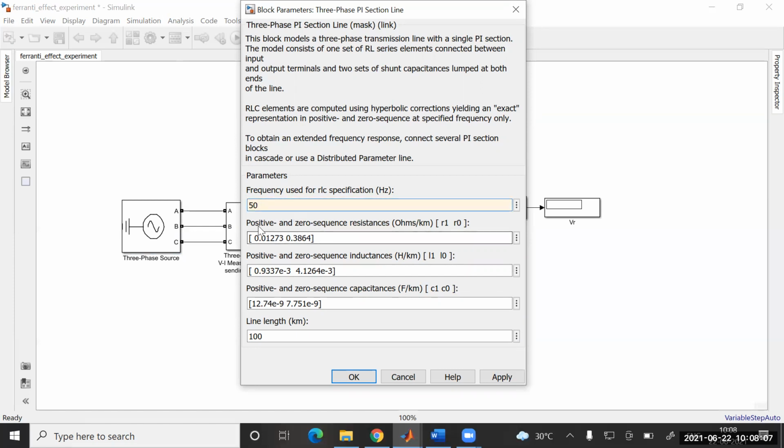Next we'll give the positive and zero sequence resistance values, that is R1 and R2. Let's provide the data. You could leave it as it is, but we have taken this example from the Hadi Saadat book, so we'll follow this. Whatever I am drawing, you could draw and you could see the values.